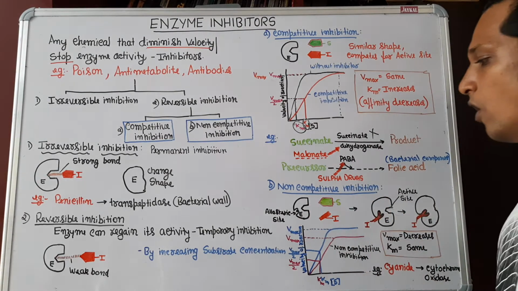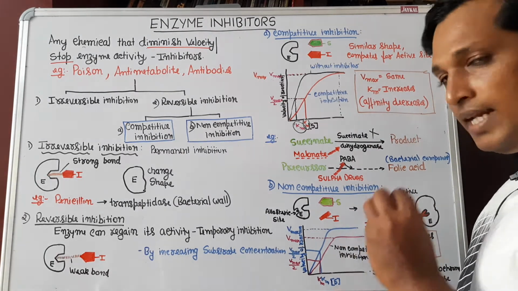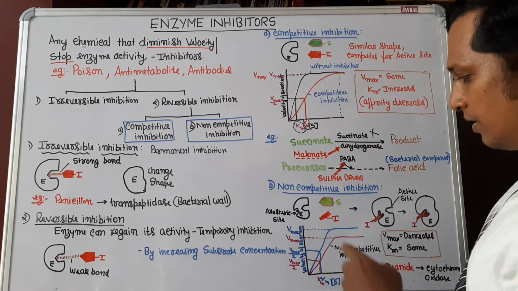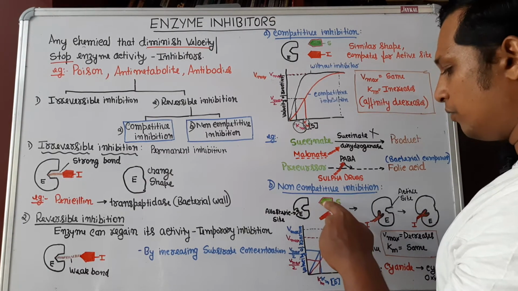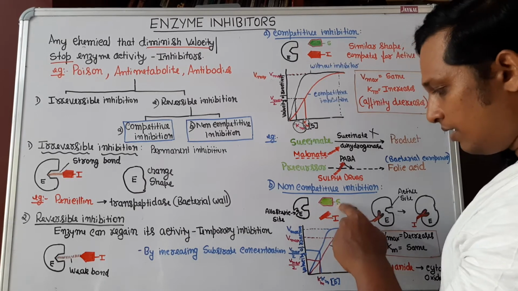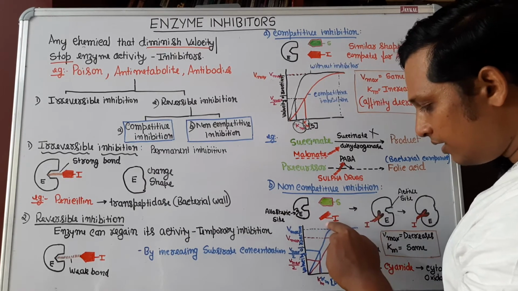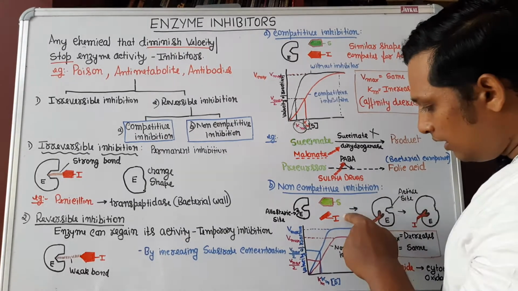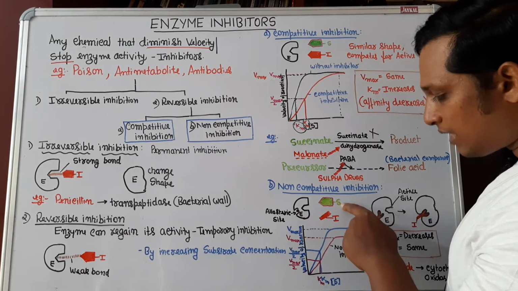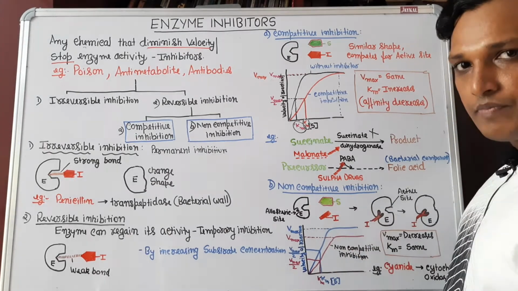The second type is non-competitive inhibition. In non-competitive inhibition, you know that enzymes have a pocket-like structure called the active site to which its substrate binds. Now there is an inhibitor which doesn't resemble the substrate. If it does not resemble the substrate, it cannot bind to the active site.